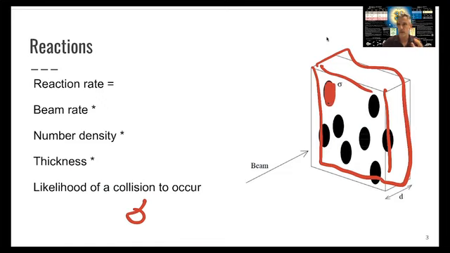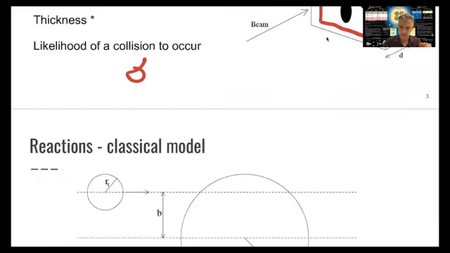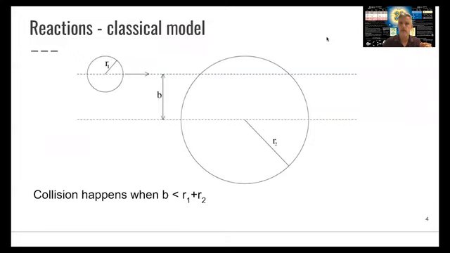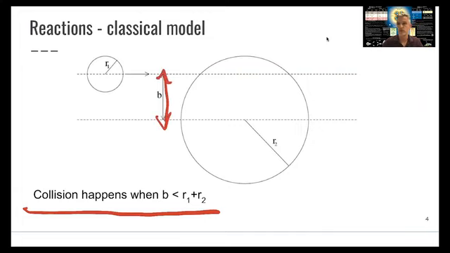All right, so let's look at this a little bit more. Again, we stay with a very classical model, a model in which we have two billiard balls: a light, small one with radius R1, and a larger one with a radius R2. Clearly, a collision occurs when the impact parameter, b, between those two billiard balls is smaller than the sum of the radii.